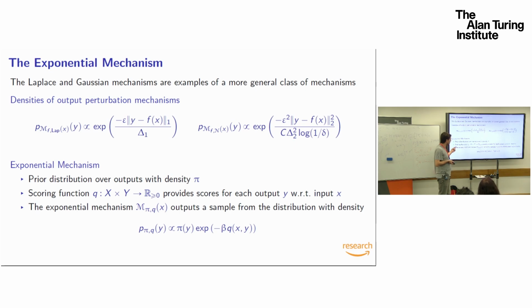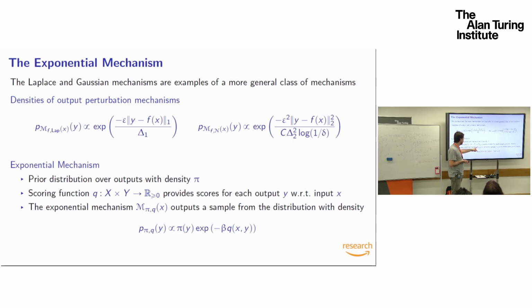Then when you see the data set, you have a scoring function that, given the data set, provides a score for every possible output. These are what f and the norm are doing here. So Q will say, if you observe this data set, I like this output more, I like this output less. Then you can output something sampled from a distribution that encompasses these two objects.